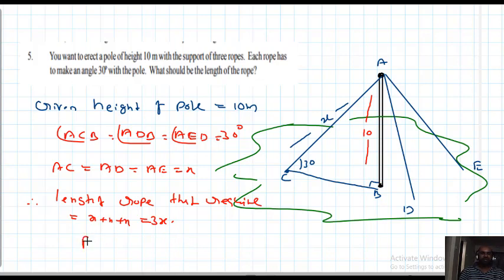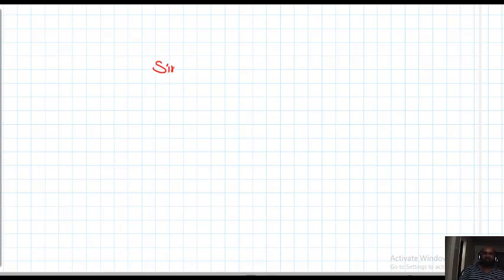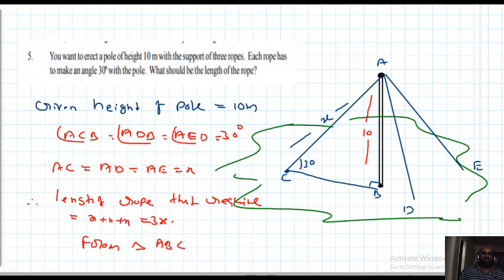So from triangle ABC, the opposite side is there and we want the hypotenuse, so sine is best. Sine 30 equals AB by AC.